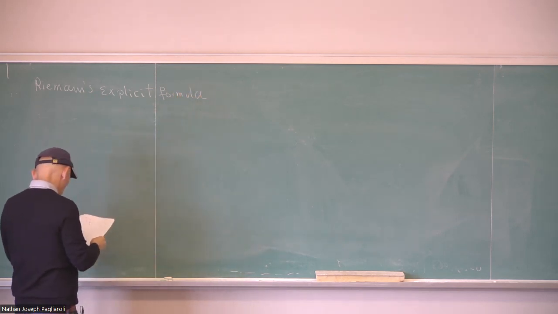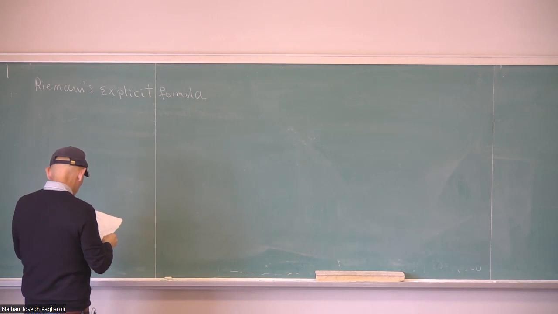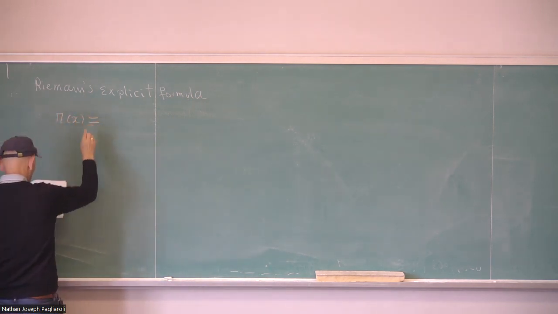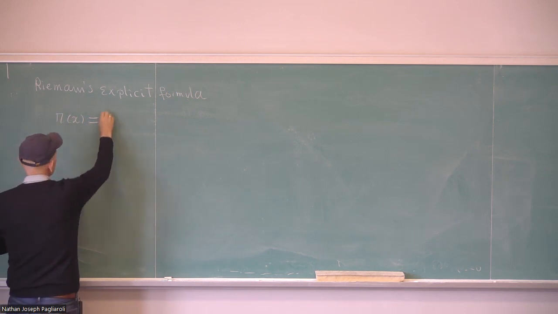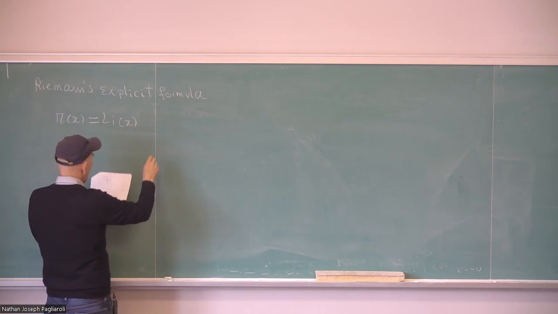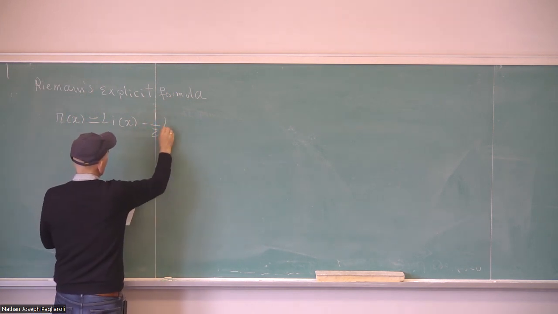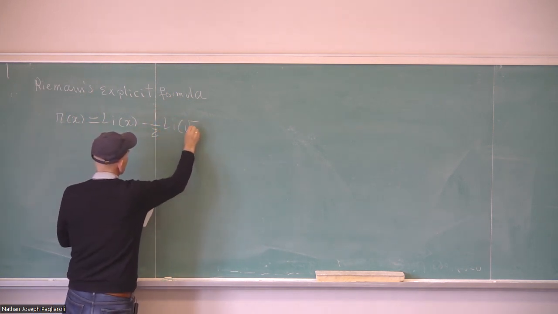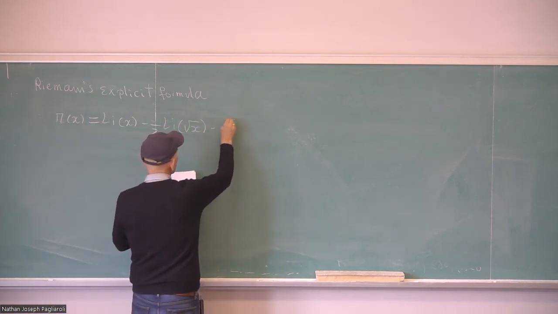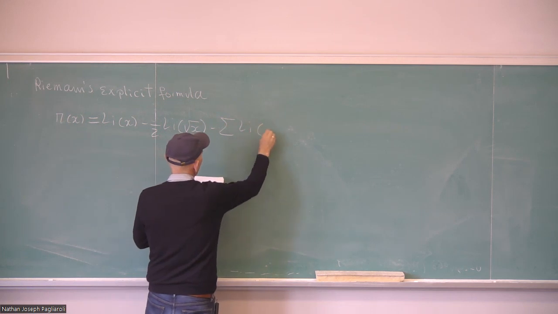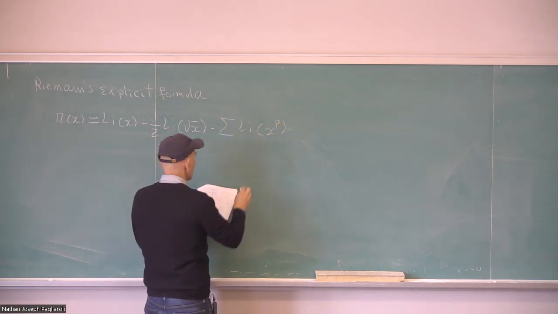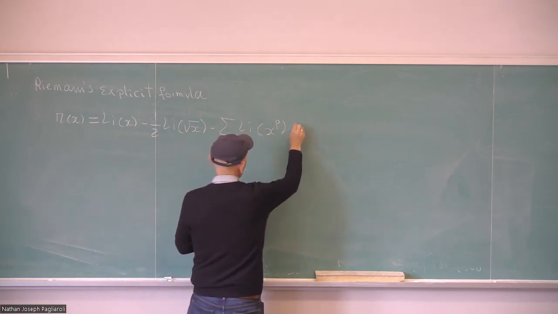Riemann makes the following statement, that pi of x is equal to Li of x minus 1/2 Li of root x minus the sum of Li of x to the power rho, summation over rho, plus W of x.